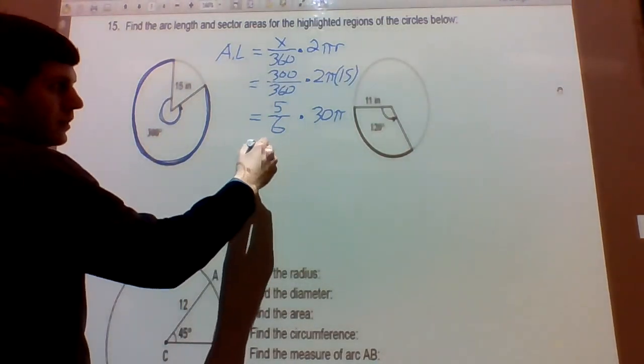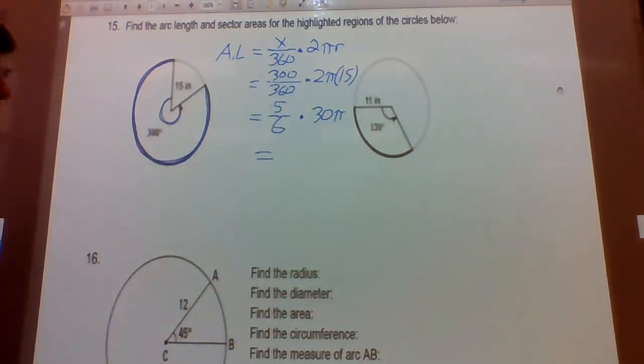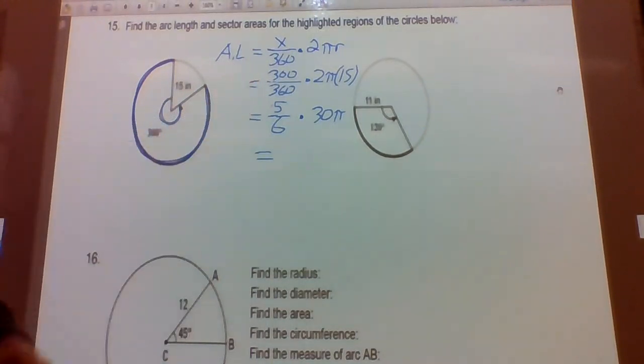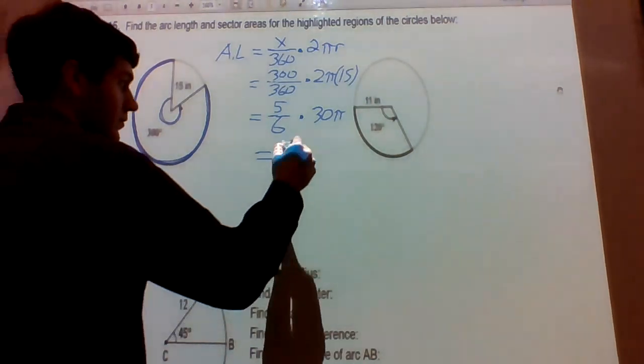So that's going to be 150 pi divided by 6. You can just put that all in at once, and we don't really even need to write this step. It's 5 times 30 pi divided by 6, which gives us 78.5.